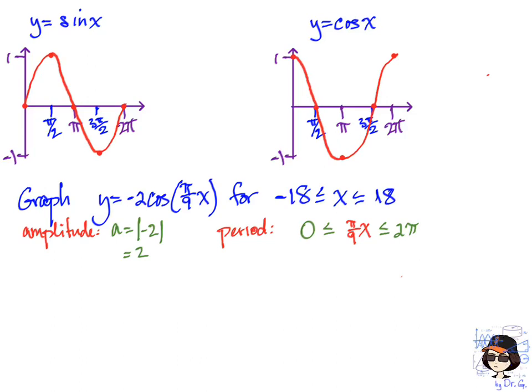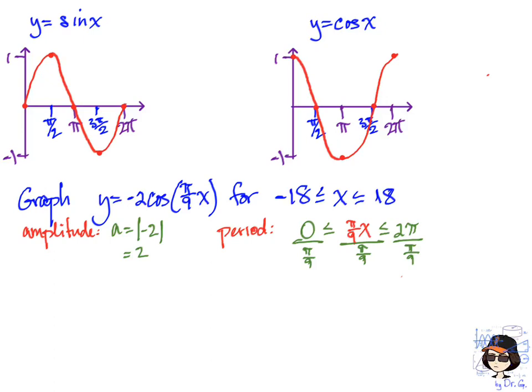So to get x isolated in the middle, we've got to divide everybody by pi over 9. Now, in the middle, the pi over 9's just cancel. We just get an x. And on the left, any 0 divided by anything is just 0. But on the right, just to simplify our work, dividing by a fraction is the same as multiplying by the reciprocal of that fraction.